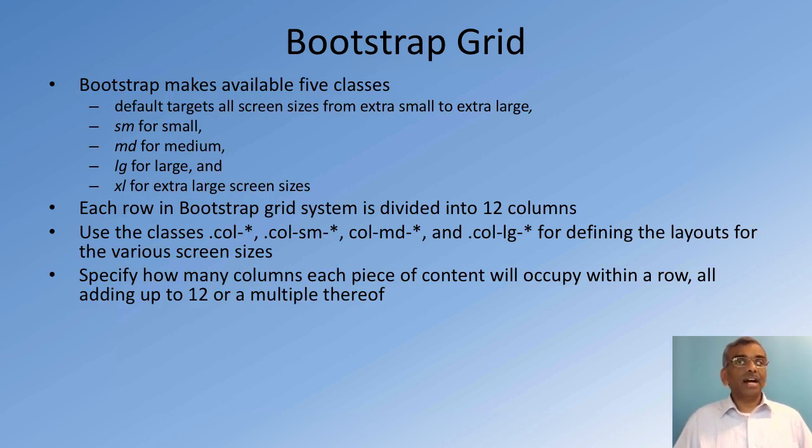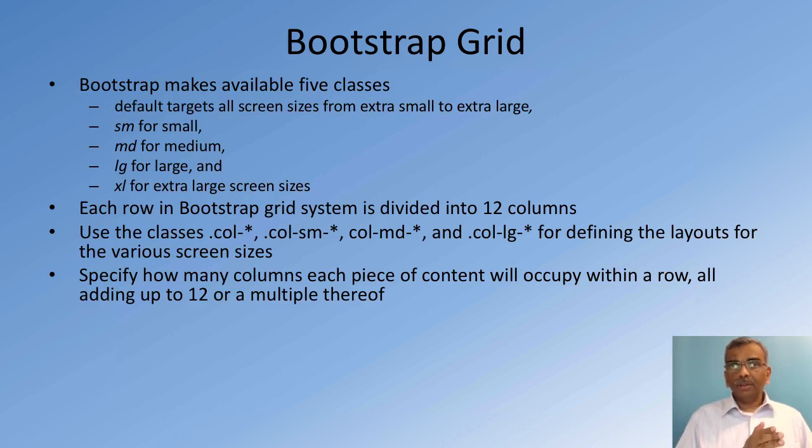So when you do the layout, as we saw in the previous slide, every row in a Bootstrap grid system is divided into 12 columns. Now, we will lay out content using what are called the column classes. For the column classes, we can specify how the layout is done for different screen widths.